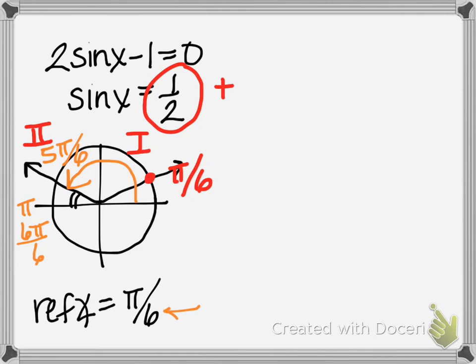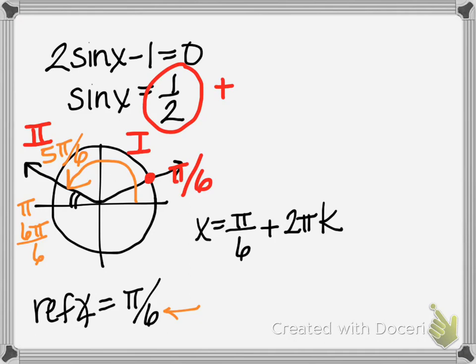But just as before, we recognize that we have to continue going around the circle to get all of the possible solutions. So we would start with, in this case, the angle of pi sixths. Last time we only added pi times k, but we'll notice in this case we can't add pi because that would put us in the wrong quadrant. So we're going to have to go all the way around the circle. In other words, we're going to have to add 2 pi k, multiples of 2 pi.